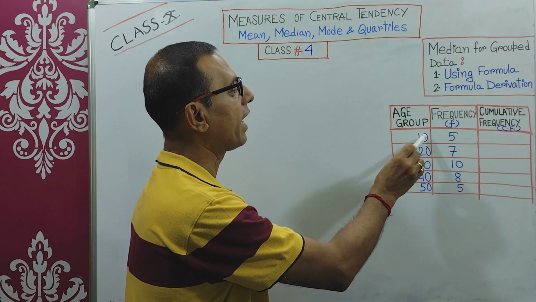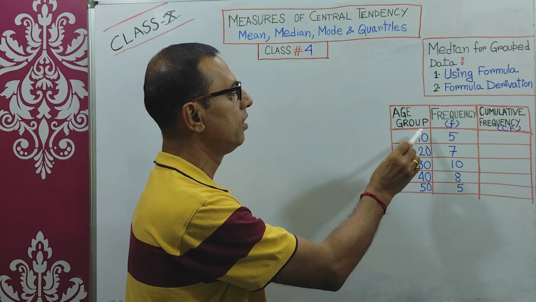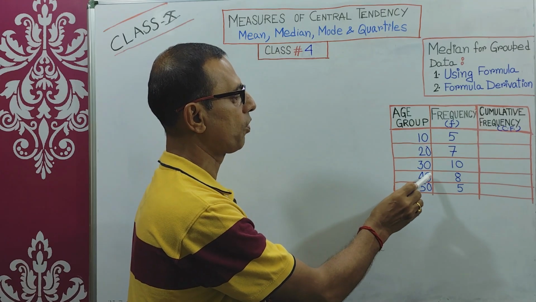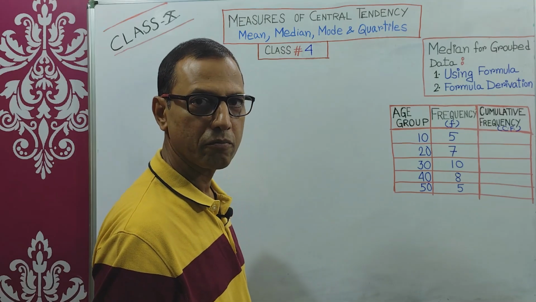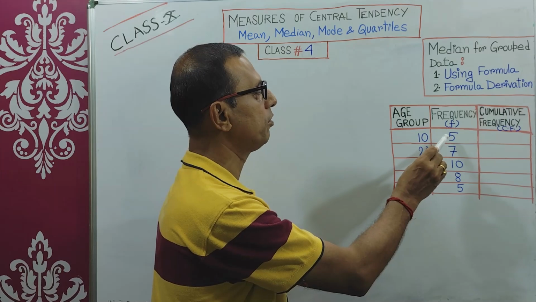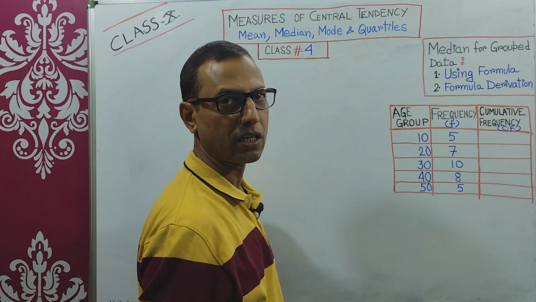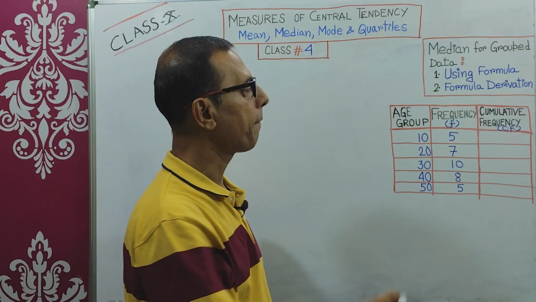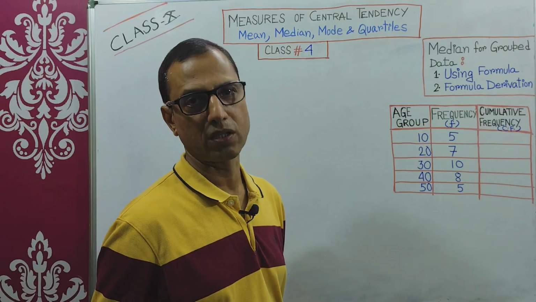So here you just consider a few observation values, 10, 20, 30, 40 and 50, right? And the frequencies against each of the observation values are given in the second column. Now you need to determine the median for this set of observations.